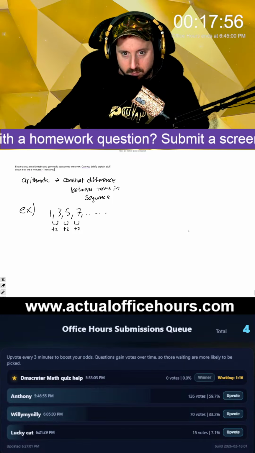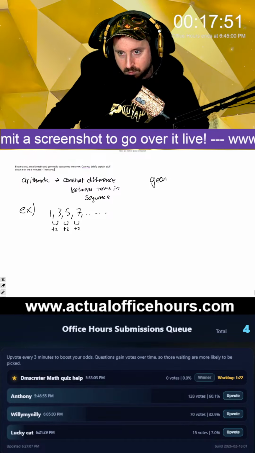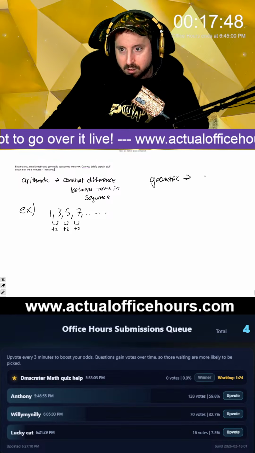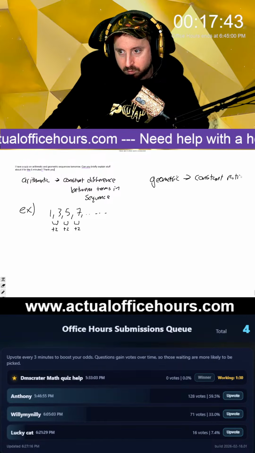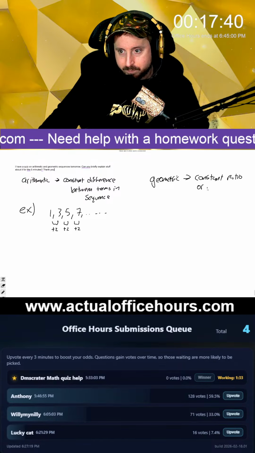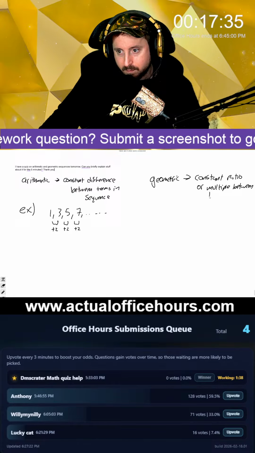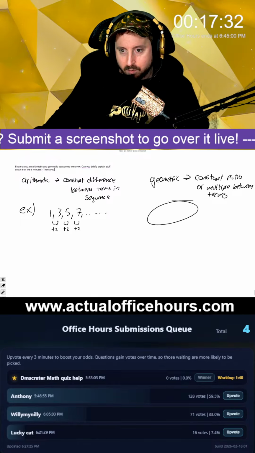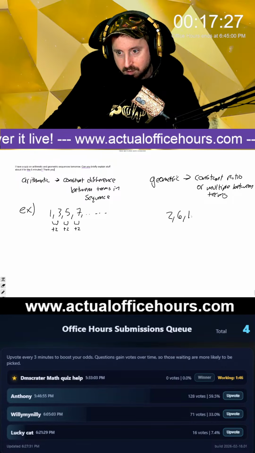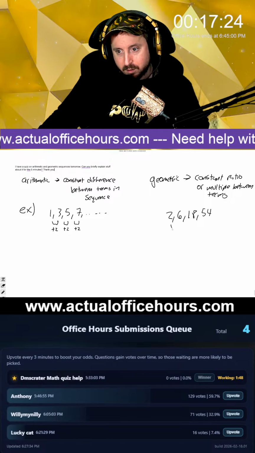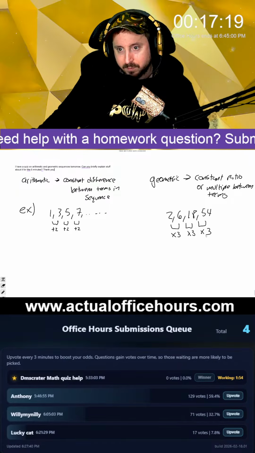The mirror, or the other one to this, is called a geometric sequence. Geometric means that there's a constant ratio, or we call that a multiple. Okay. And so it would look like something like this. Let's say 2, 6, 18, 54, because this is times 3, times 3, times 3. Okay.